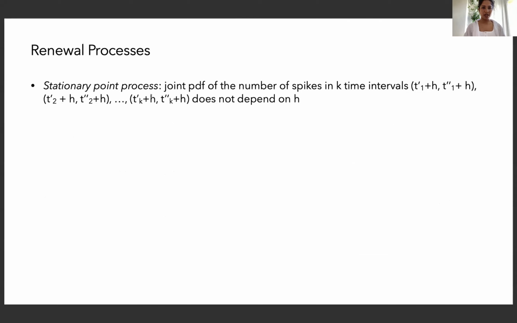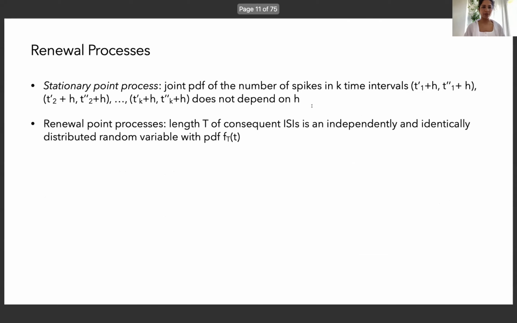So it doesn't matter which h you choose, the joint probability distribution is going to be the same. Now, an important subclass of this is called the renewal point processes, in which the length t of consequent interspike intervals is an independently and identically distributed random variable. And the probability distribution I've termed here as f of t.